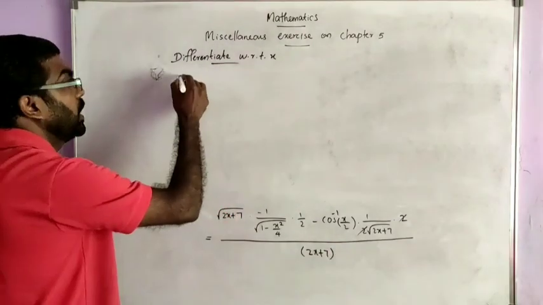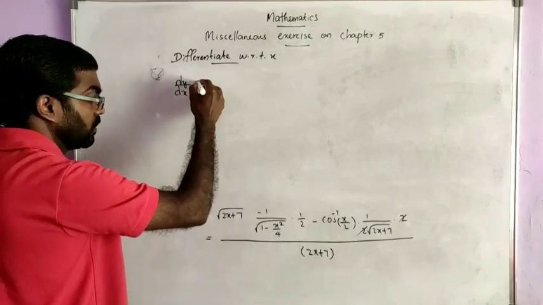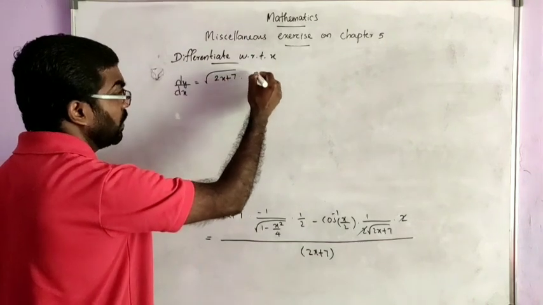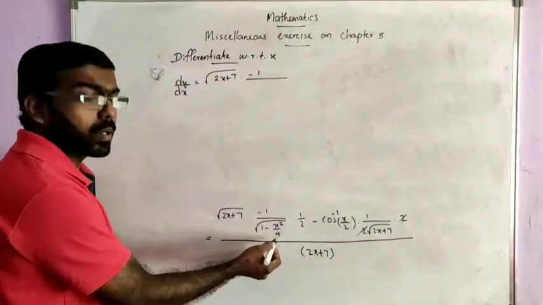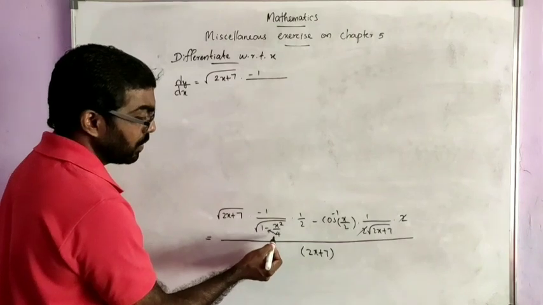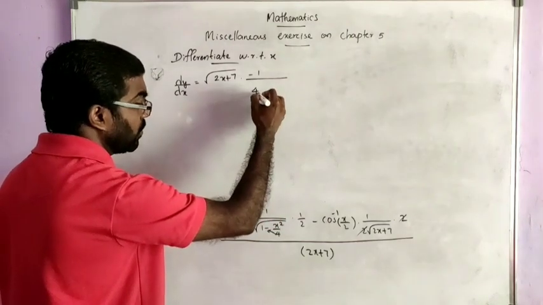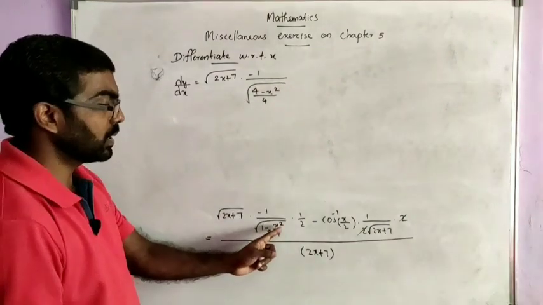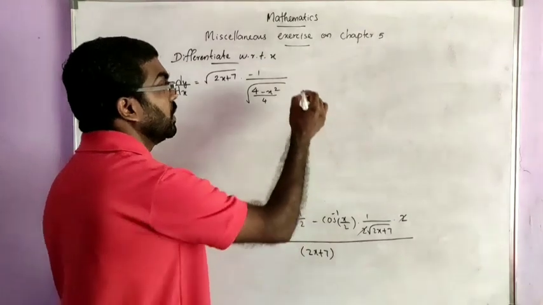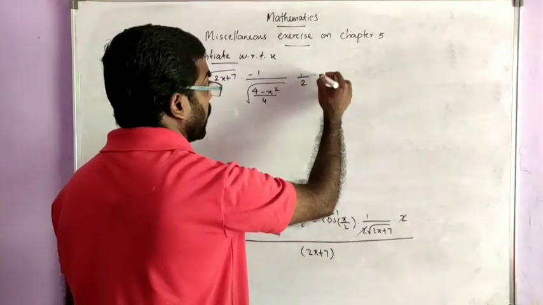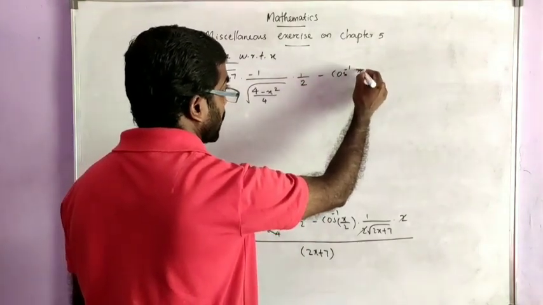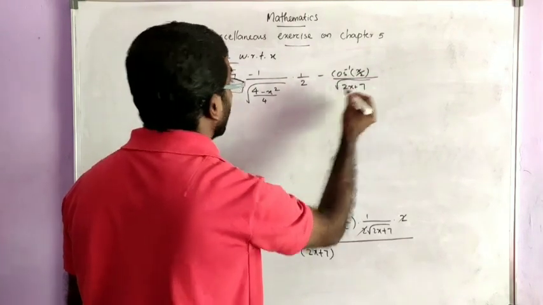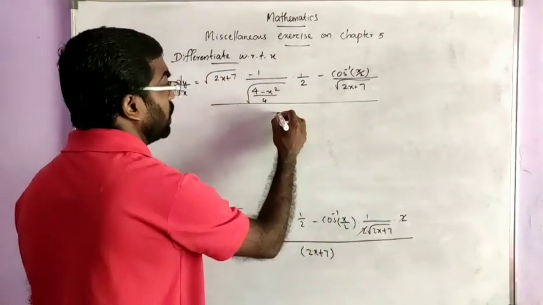Okay, that is dy by dx is equal to root of 2x plus 7 into minus 1 by, here we can cross multiply this one, 4 into 1, that is 4 minus x square divided by 4, root of 4 minus x square whole divided by 4 into 1 by 2, then minus cos inverse x by 2 divided by root of 2x plus 7, then whole divided by 2x plus 7.